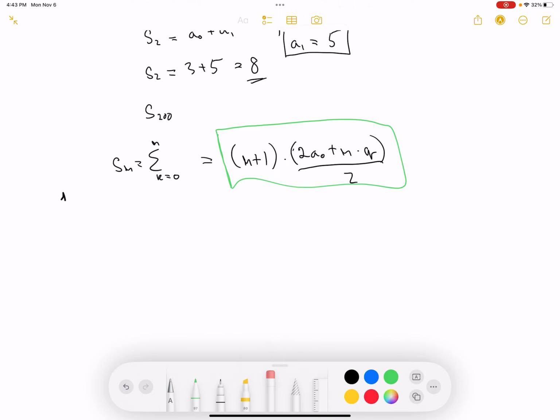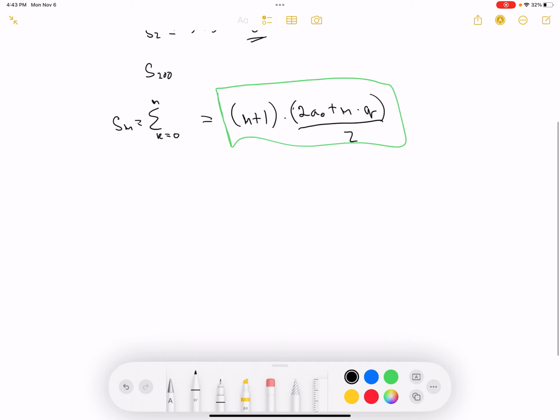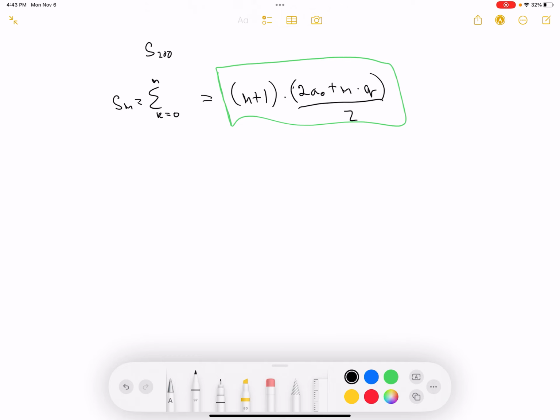Now, how do we verify that's true and that this person isn't lying to us? Well, not very easily, but we can use something called mathematical induction to verify that this indeed is true.